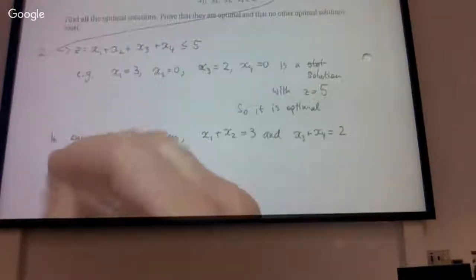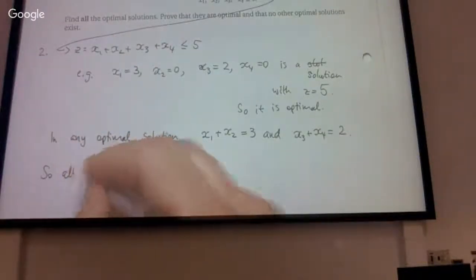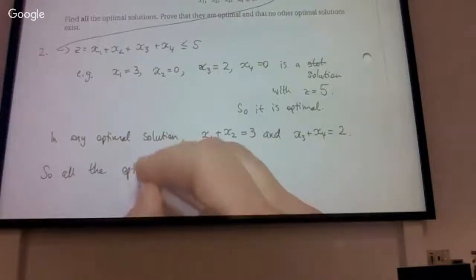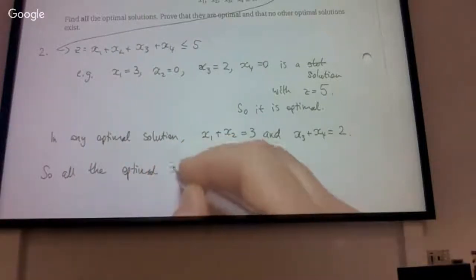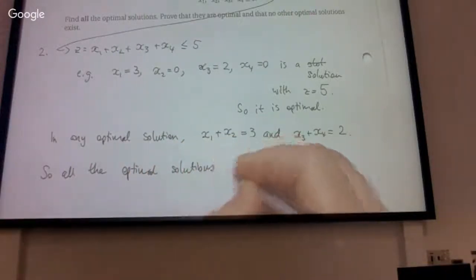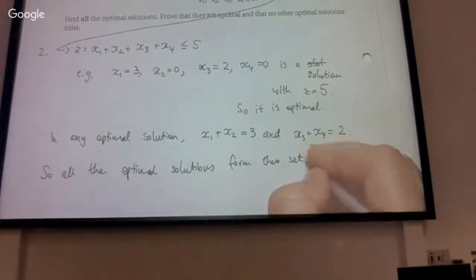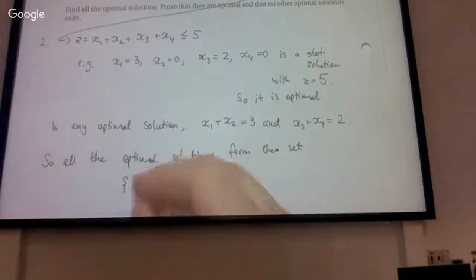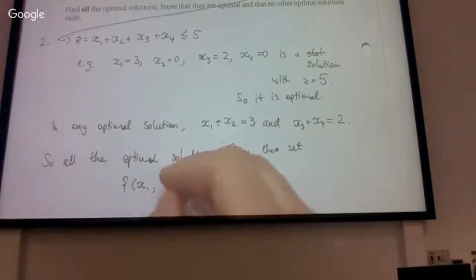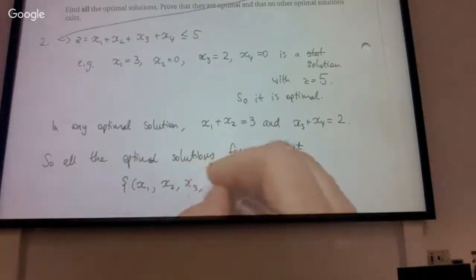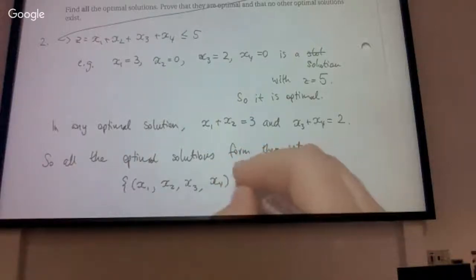So all the optimal solutions form a set of 4-tuples of real numbers x1, x2, x3, x4.